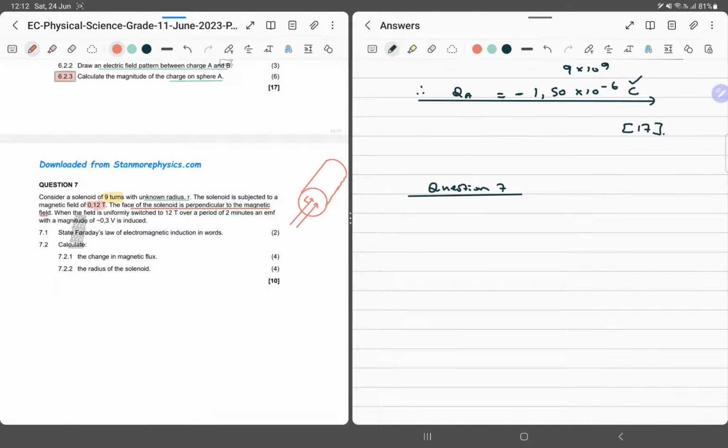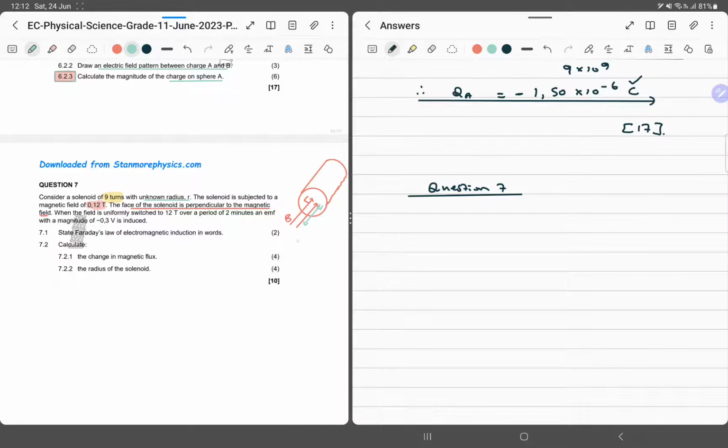Technically, the normal of the solenoid is also perpendicular to the face and will hit the face at right angles.